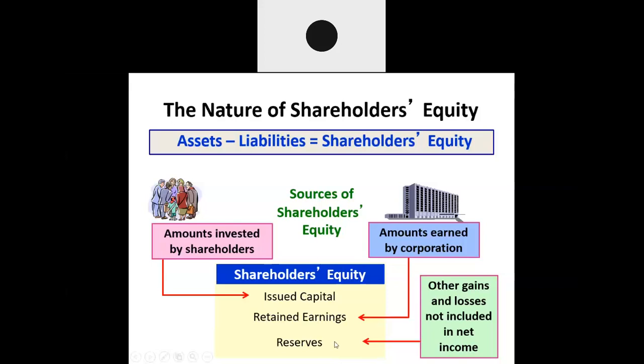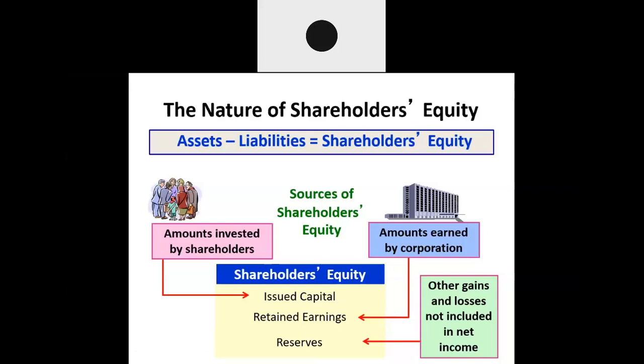And the reserve. Reserve includes all other changes in equity except those resulting from investment by owners and distribution to owners. In other words, reserve, or accumulated OCI, accumulated other comprehensive income, is the changes in equity by non-owners.